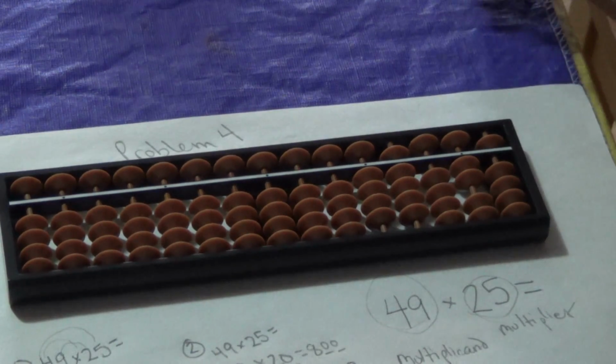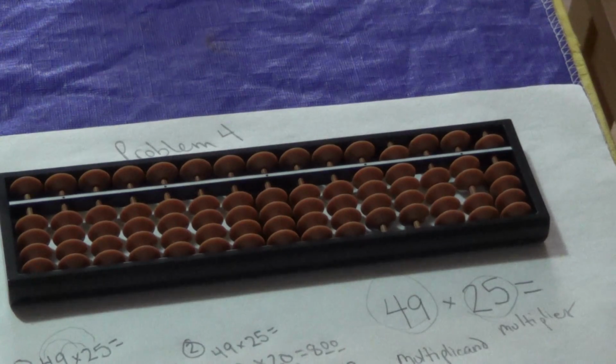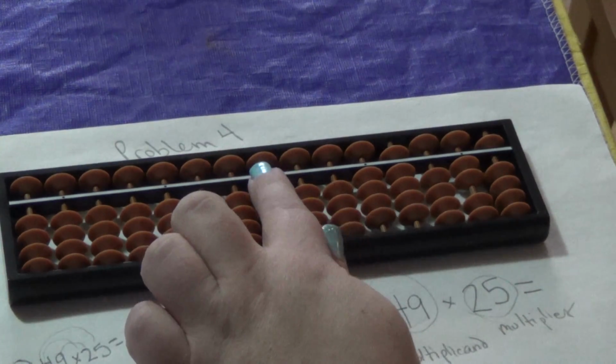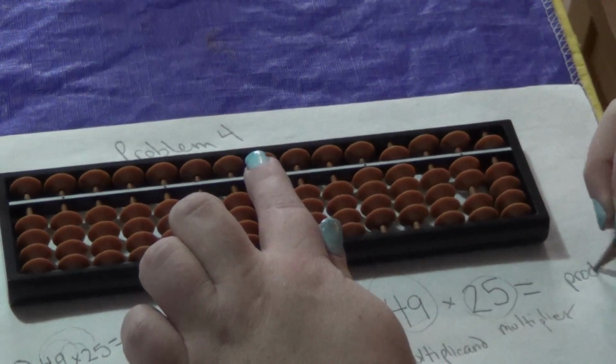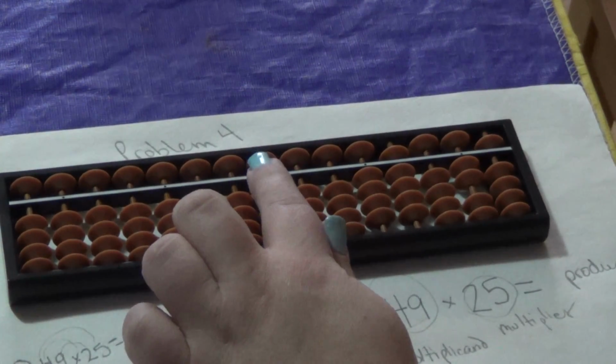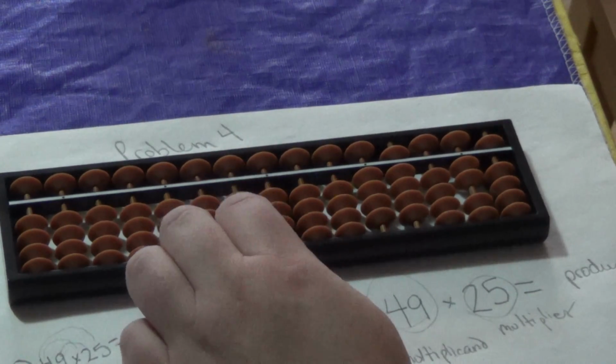And in order to solve it, we're going to go back to our regular center rod where we would do our normal addition and subtraction. And that's where our answer to the problem, or our product, is going to go. Product is just the word that we use for the answer to a multiplication problem.